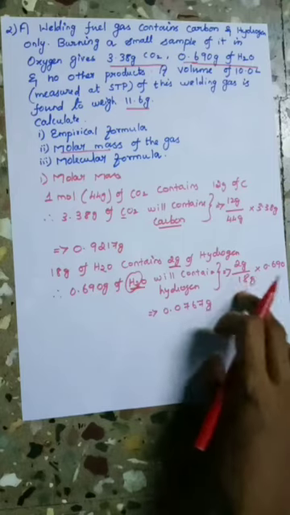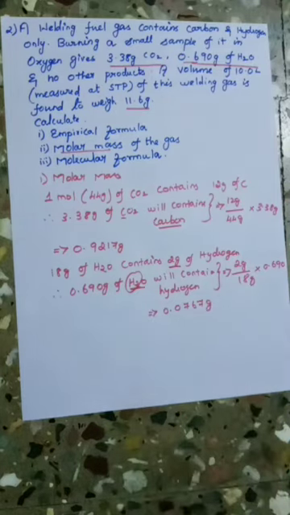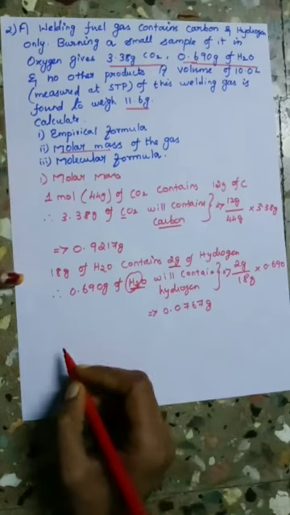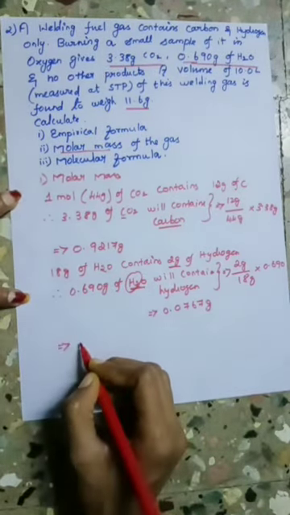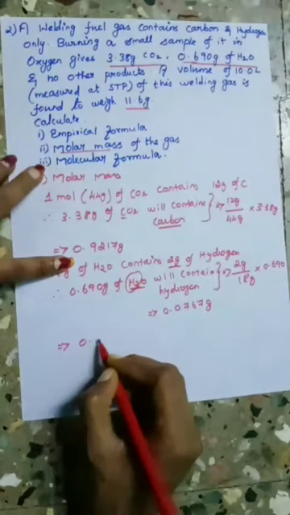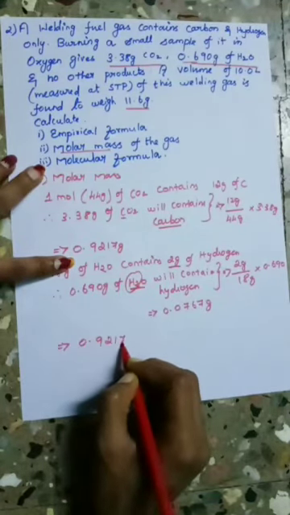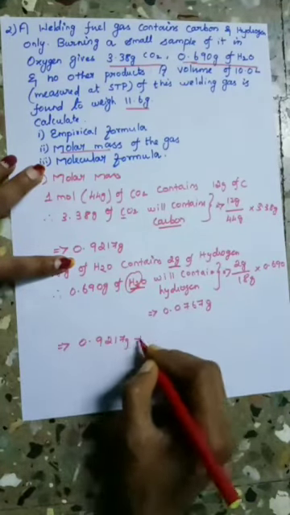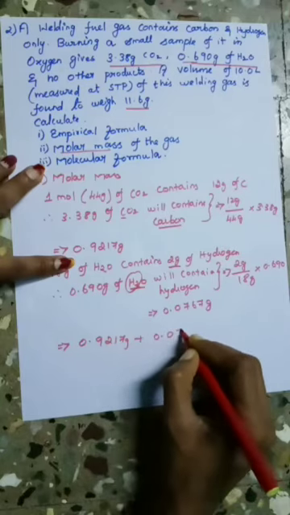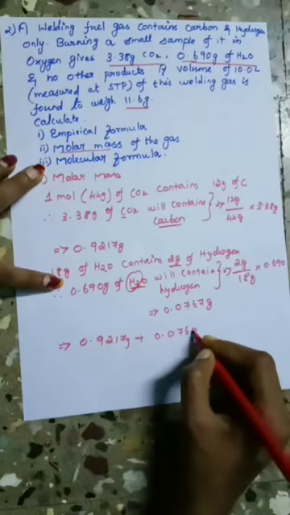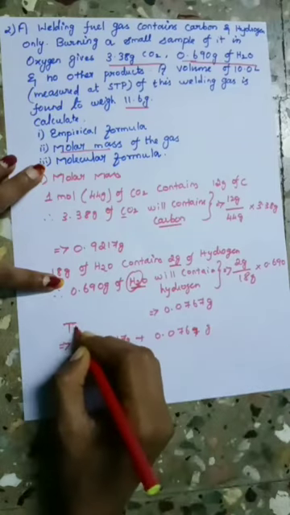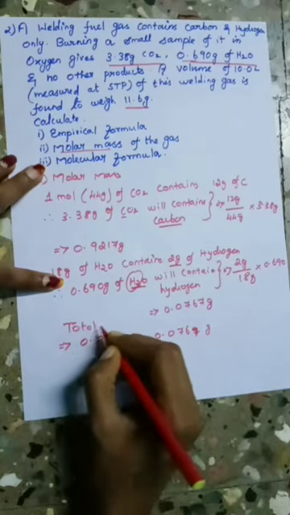So after checking the value, since carbon and hydrogen are the only constituents of the compound, we need to know the total mass of the compound. So what is the total mass of the compound? That is this value 0.9217 plus 0.0767 gram.